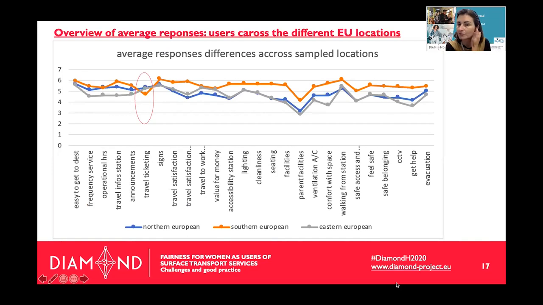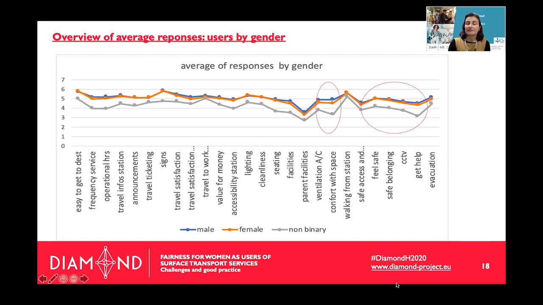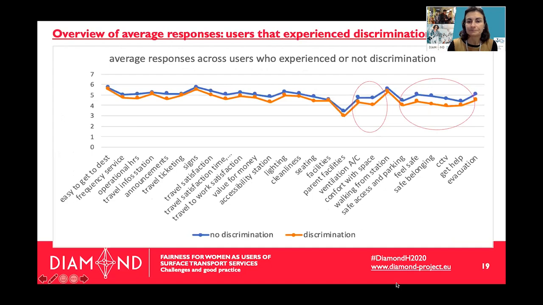We were also able to distinguish and benchmark the samples across the locations, and found that, for instance, the Southern European sample seems to be more satisfied across a number of categories, except the ticketing and the economic value of the travel experience. When we compare male versus female and non-binary, we found non-binary respondents at a lower level of satisfaction than others.